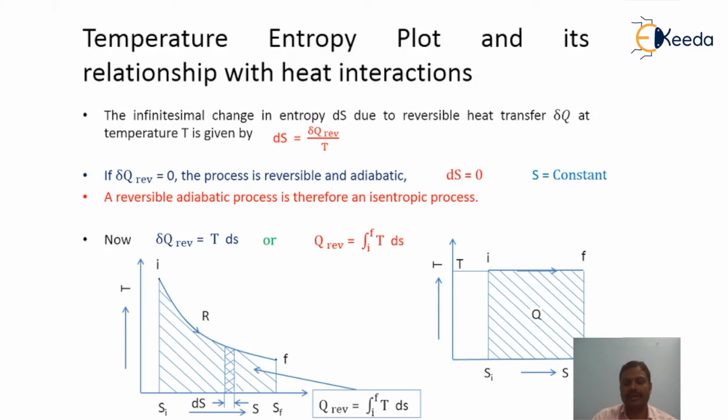In that case, Q reversible is given by integration from I to F of T into dS, that is equal to T into (SF minus SI). Here SF is the entropy at the final state and SI is the entropy at the initial state point. So that is about the temperature entropy plot and its relationship with heat interaction. And that's all in this video. Thank you.